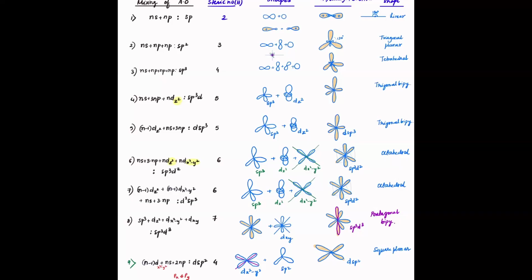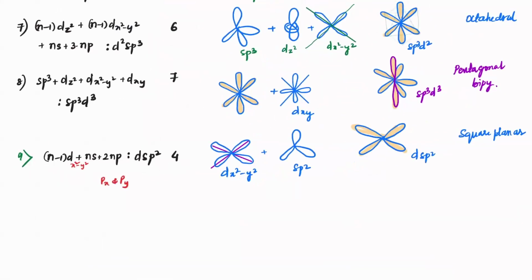Sir, can you explain the ninth one again? Ninth one. Yeah. The ninth one is a special case where you have dx square minus y square, which is along the x and y axis, like this. And you are mixing that with an orbital which is present in x and y only. This entire thing is an xy plane.